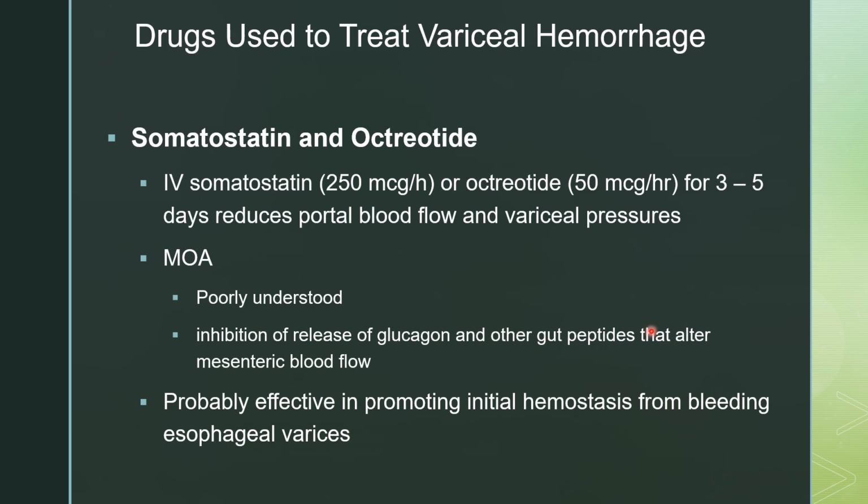Though the mode of action is poorly understood, they have found that it helps by inhibiting the release of glucagon and other gut peptides that can alter mesenteric blood flow. So your somatostatin and your octreotide can be effective in promoting initial hemostasis from bleeding esophageal varices.